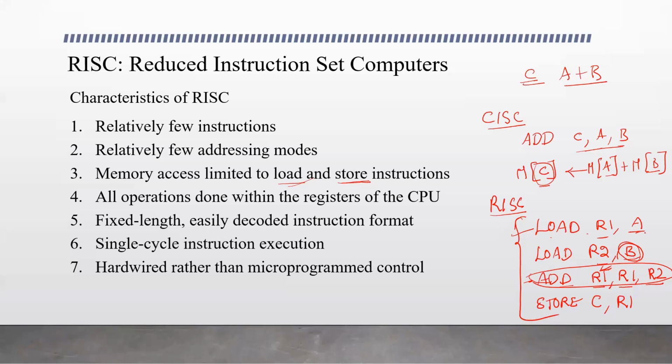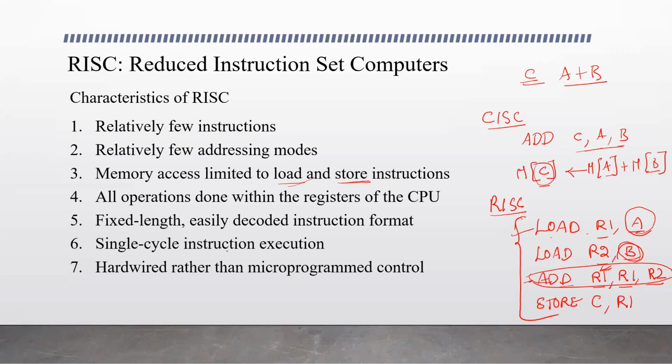We can have 2 address in case of memory reference, and 3 address in case of register reference. When there is complete register reference, manipulation instructions will have 3 addresses, and load and store instructions will have 2 addresses. The length of the instructions is the same, fixed length, and it is easily decoded. It can be decoded easily as it has a fixed length and a specific format.